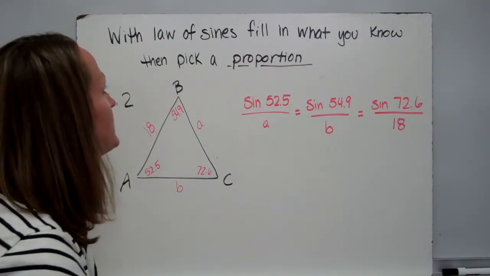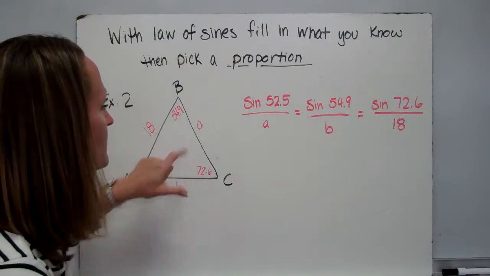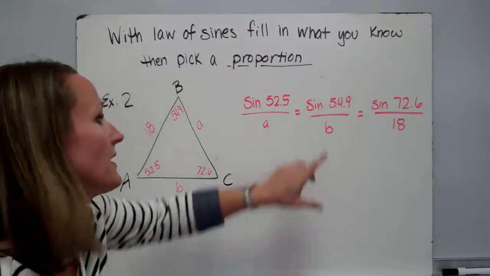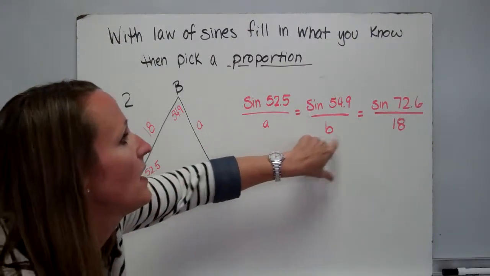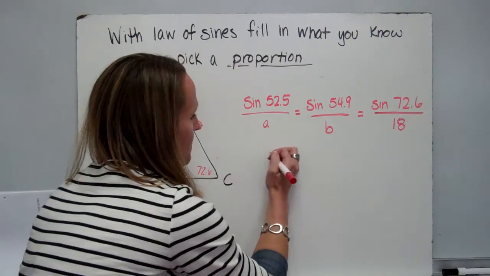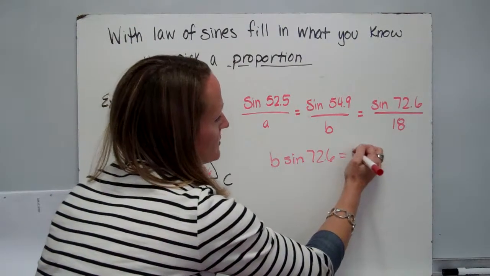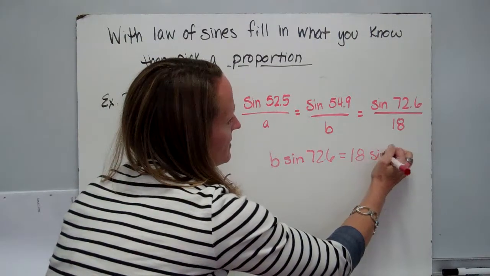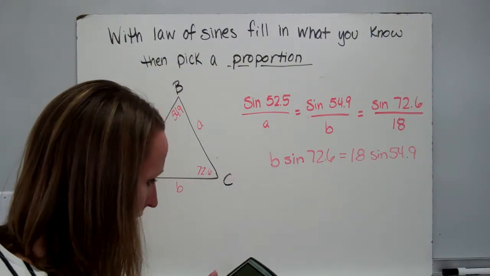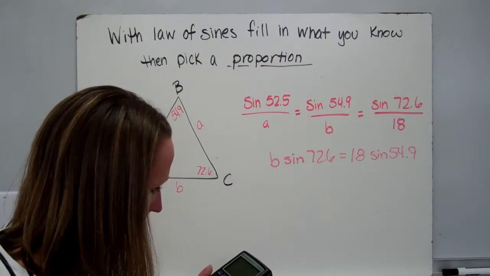For the law of sines, you fill in what you know, and then you pick a proportion. So, here's what we know. We know all three angles this time. We only knew side C. So, we're going to start by finding side B. We have to find B and A, but we'll go ahead and find side B first. We're going to cross multiply. We'll get B times the sine of 72.6 equals 18 times the sine of 54.9. To get that, we do 18 times the sine of 54.9.